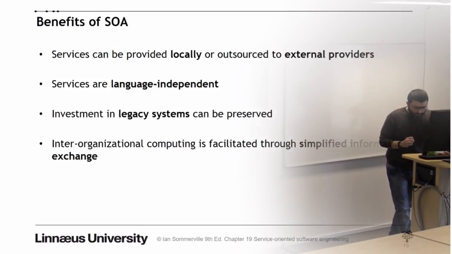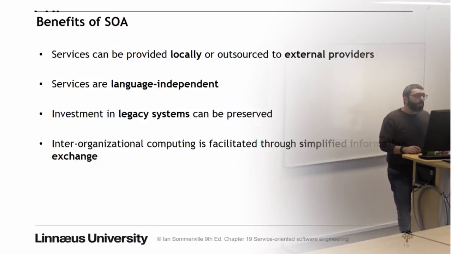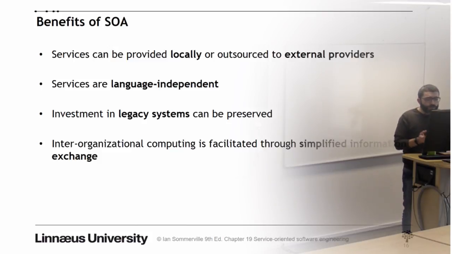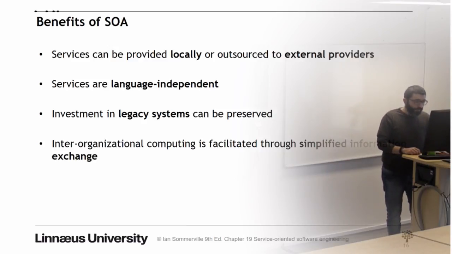As we said many times in these early few minutes, one key aspect of this paradigm is composition. So how can we compose one service with another in order to create more complex services?